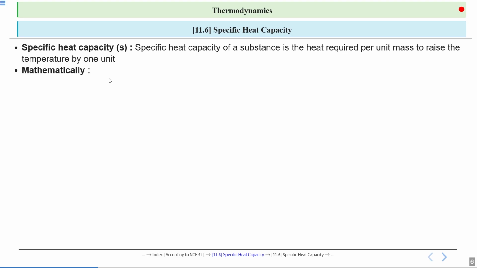Mathematically, the expression is capital S divided by M, where we know capital S is the heat capacity and M is the mass, unit mass.